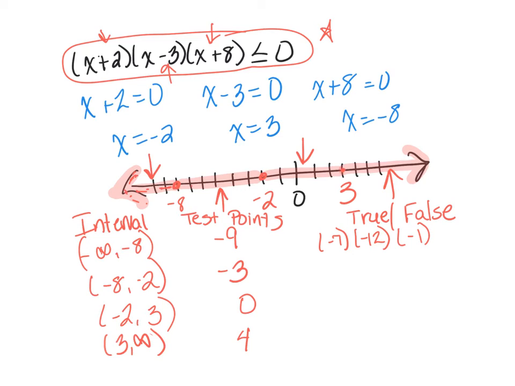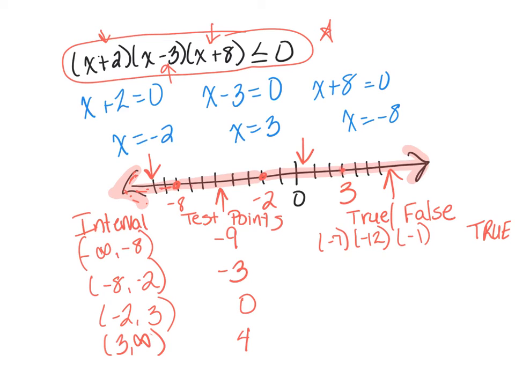A negative times a negative gives me a positive, and then a positive times a negative is negative. It doesn't matter what negative 7 times negative 12 times negative 1 is, because we're going to get a negative number, and that makes this true. So the interval negative infinity to negative 8 is true.